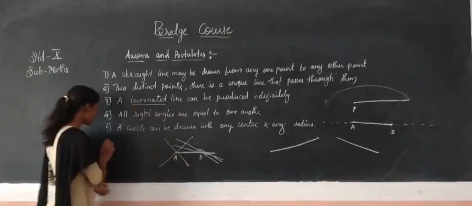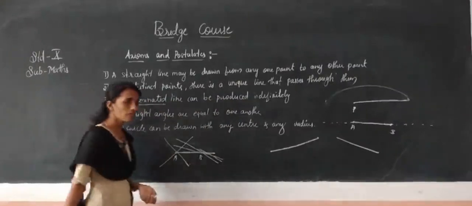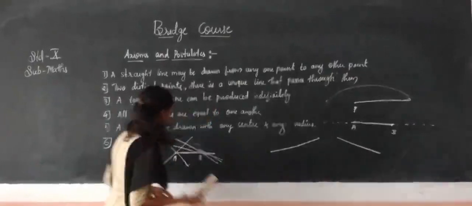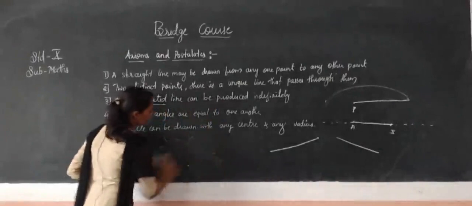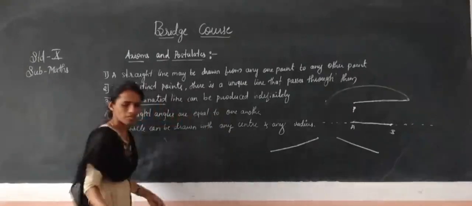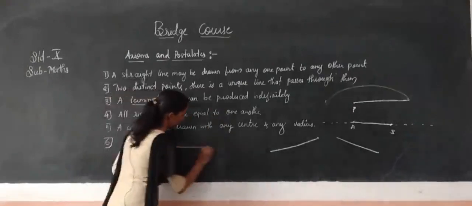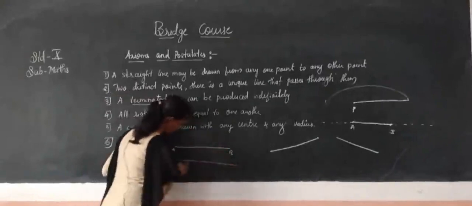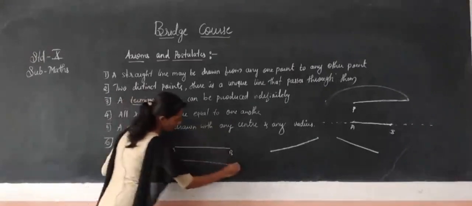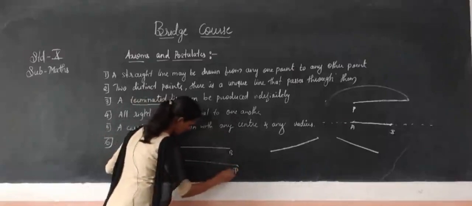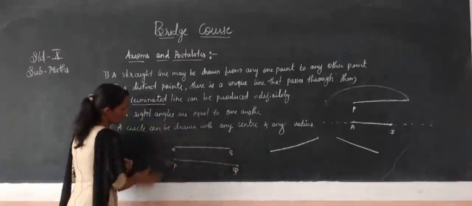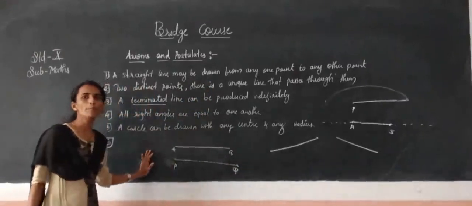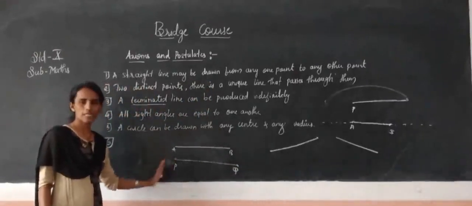So another postulate is there. Consider AB and PQ as 2 lines, non-parallel, so AB is not parallel to PQ.